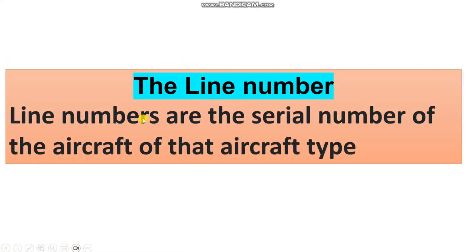The line number is the serial number of that aircraft, of that aircraft type, during the production line. So these 3 items you will need when you study a service bulletin, for the applicability to your fleet in the service bulletin.